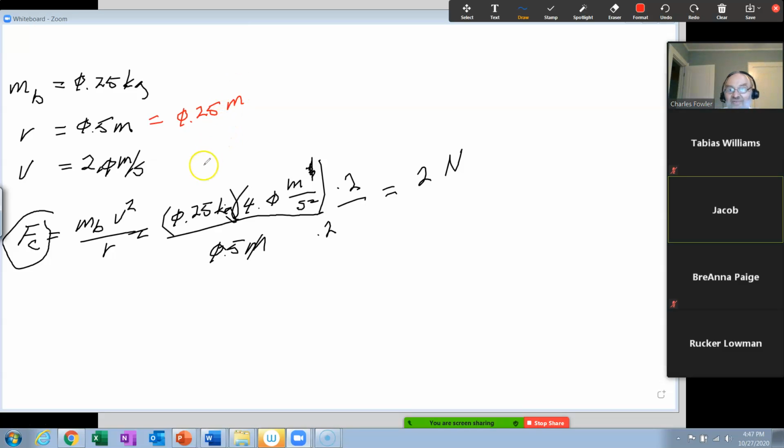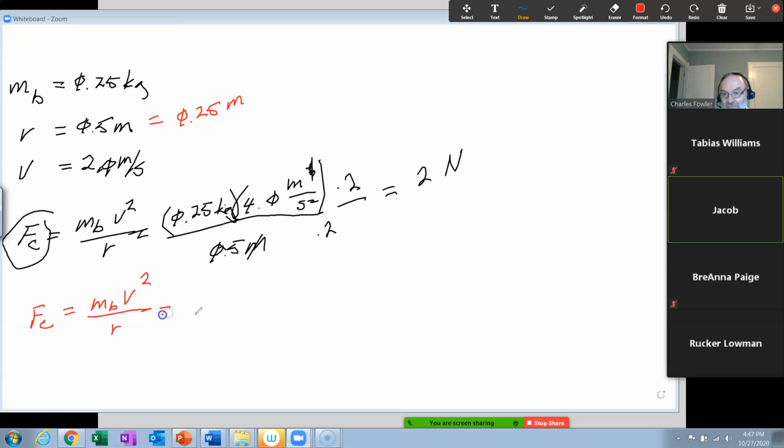What is the force that's now needed? Well, now the centripetal force will be the mass of the ball, yeah, it was a ball, times velocity squared. We're assuming that's going to be the same, but we're going to decrease the radius to the new radius, 0.25.